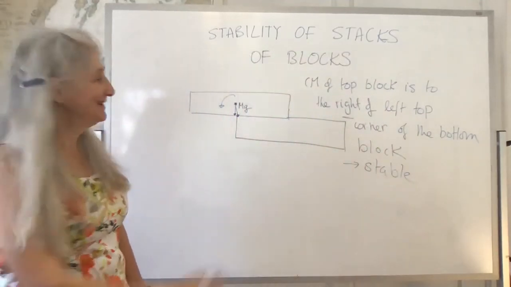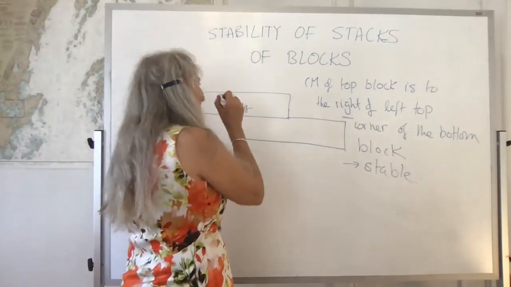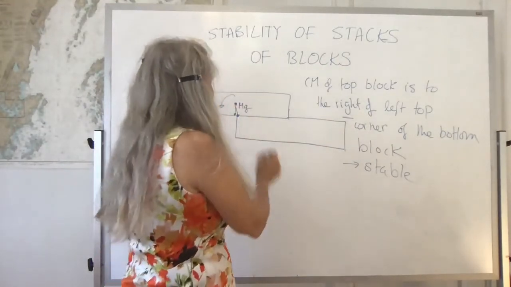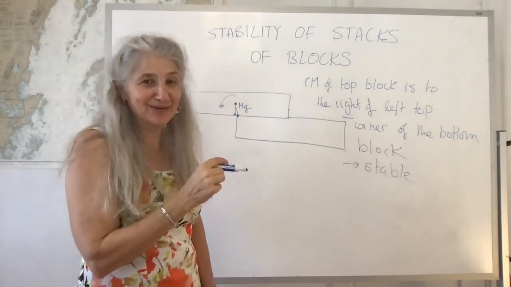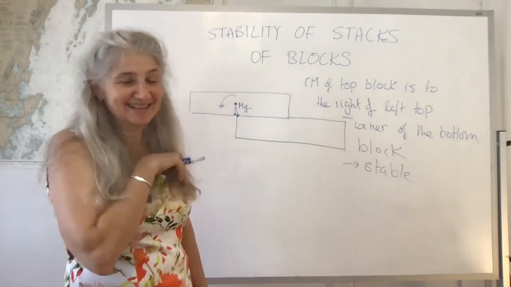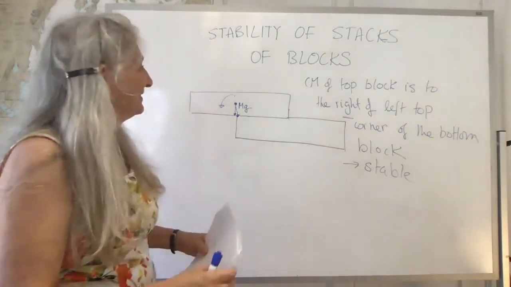So that's the criterion. We're being pretty careful about what we're computing here: the center of mass of the top block and its position with respect to the left corner of the bottom block. That's the main thing we need to think about.